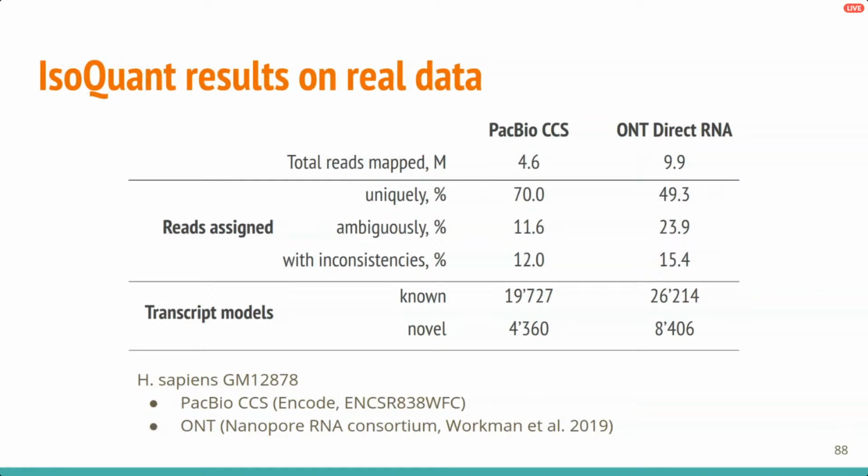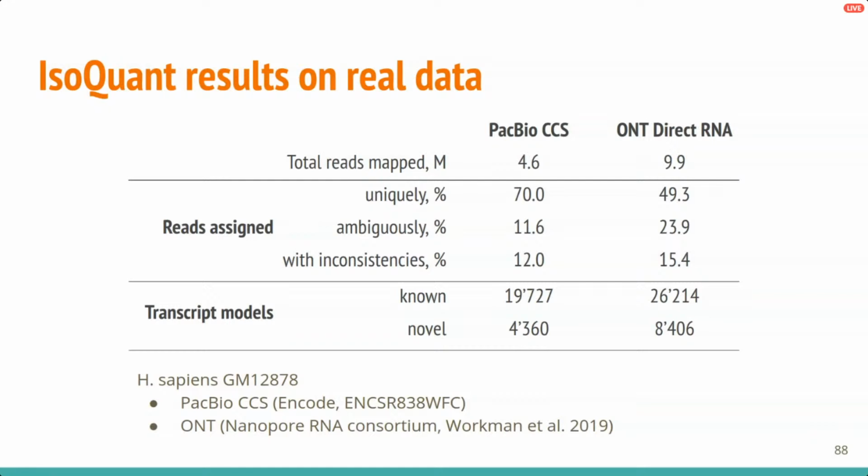70% versus like 50%. For PacBio reads, you also have a small amount of ambiguous reads because you don't have much truncation as with nanopore reads, where you have almost 24% of reads that, due to truncation, were not mapped unambiguously. And of course, for nanopore data, you have more inconsistencies, more than 50%.